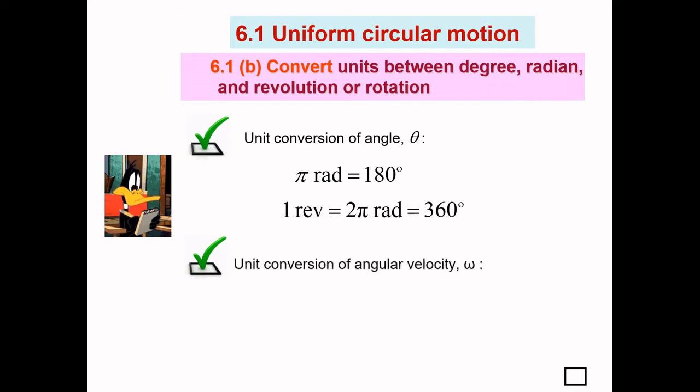Unit conversion of angular velocity omega: 1 rpm, which is revolution per minute, equals 2 pi over 60 radian per second equals pi over 30 radian per second.